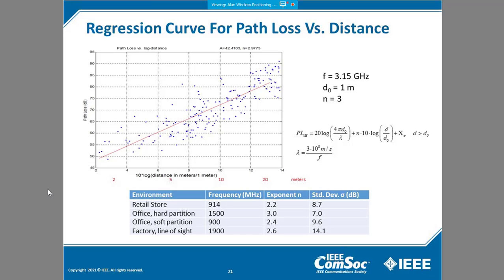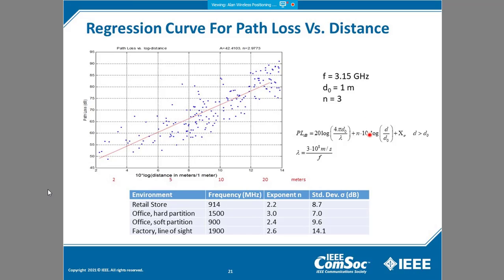In a different environment, with many of these measurements, the slope will be different. Let me get back to the pointer again. This number would be different. In the case of the free space situation, we would have 20 log here.